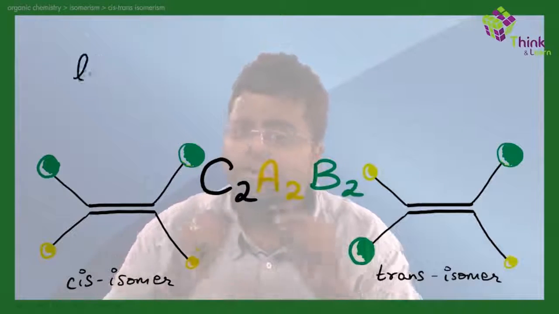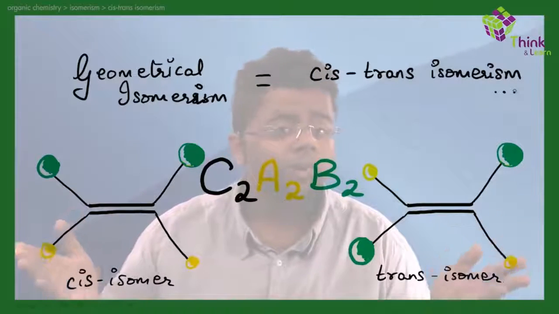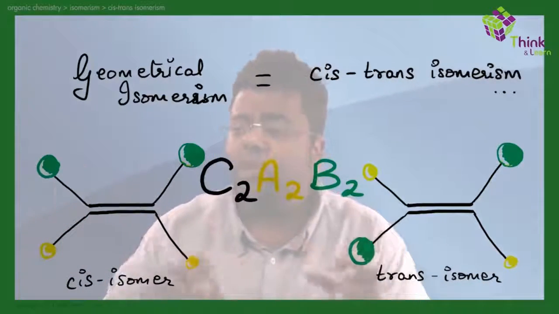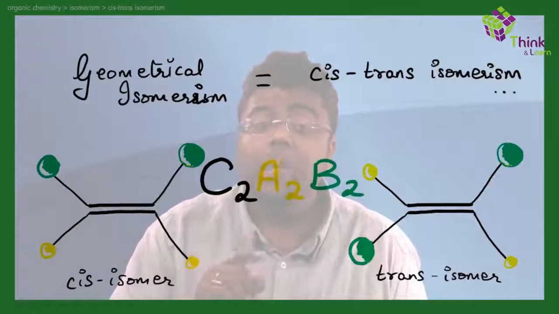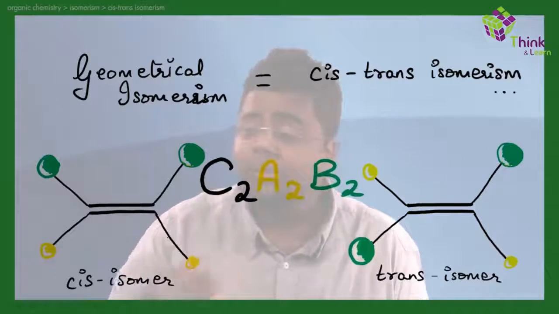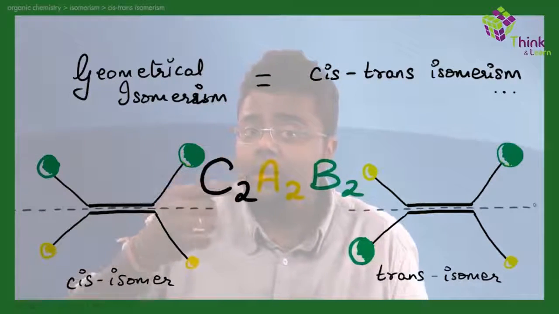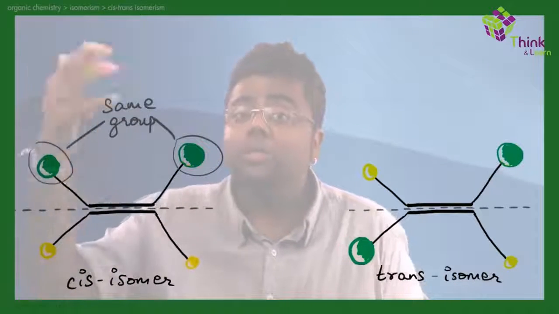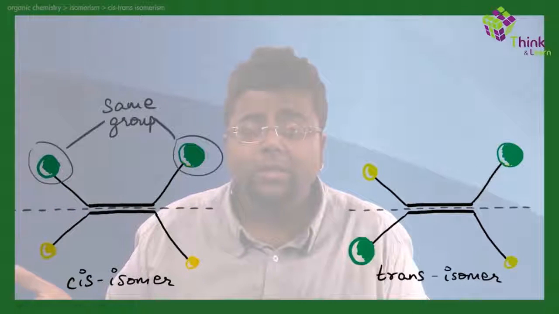So that means geometrical isomerism can also be called cis-trans isomerism. Now, how do you classify something as cis or trans? For that, the first thing you should remember is a horizontal plane. You would have to draw a horizontal plane over here, and then if two groups which are the same are on the same side of the horizontal plane, it would be called cis.